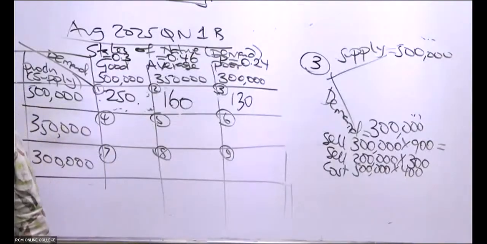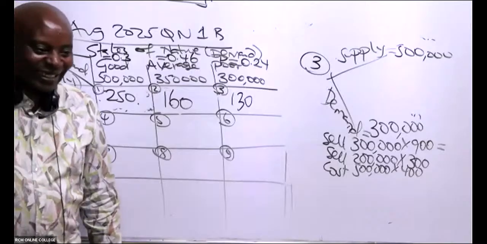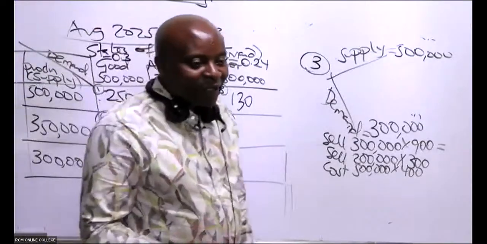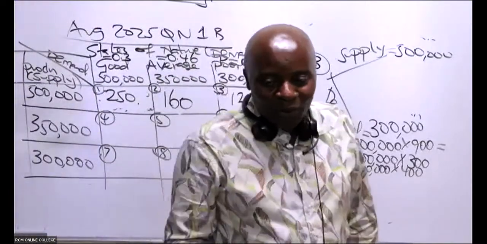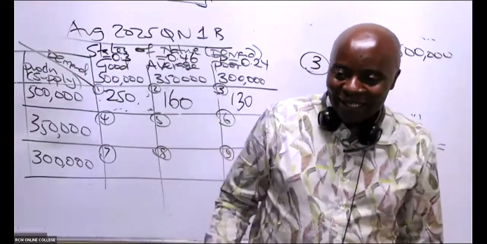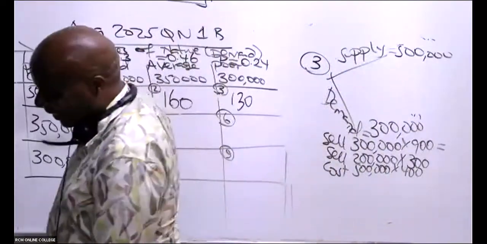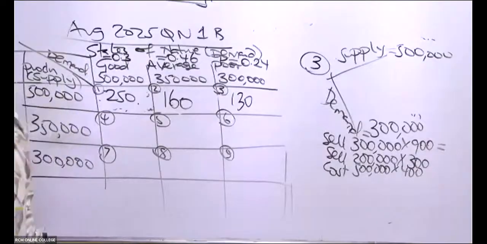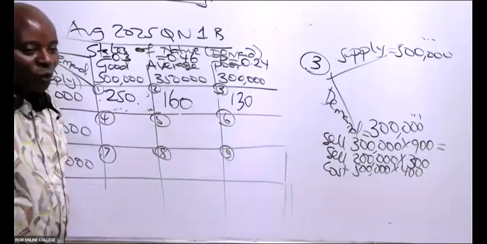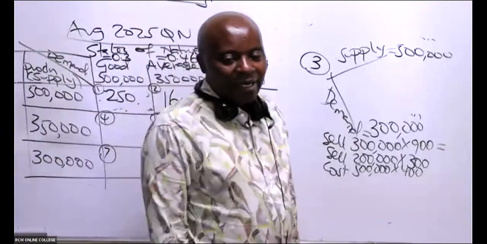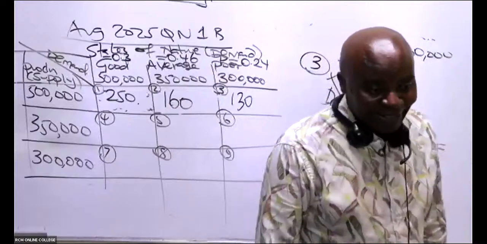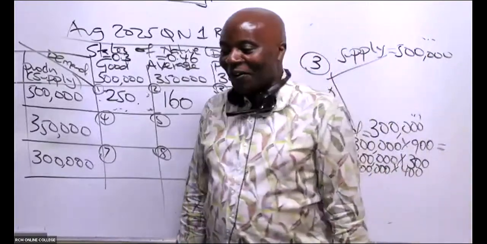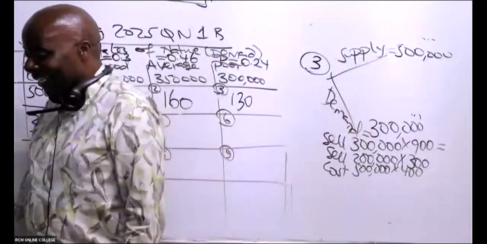Here, opportunity cost. Thank you so much, Knight, for reminding everybody that opportunity cost will come into play. I love that. Rina Mwanyika, a very aggressive person, says that number 4 is 160.